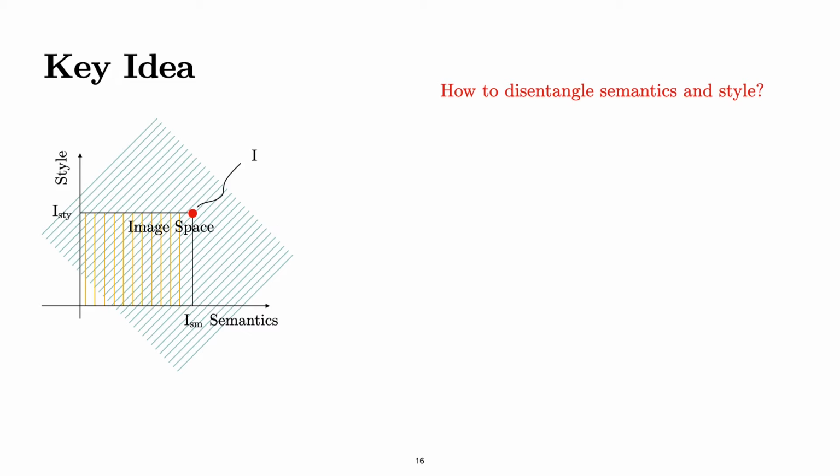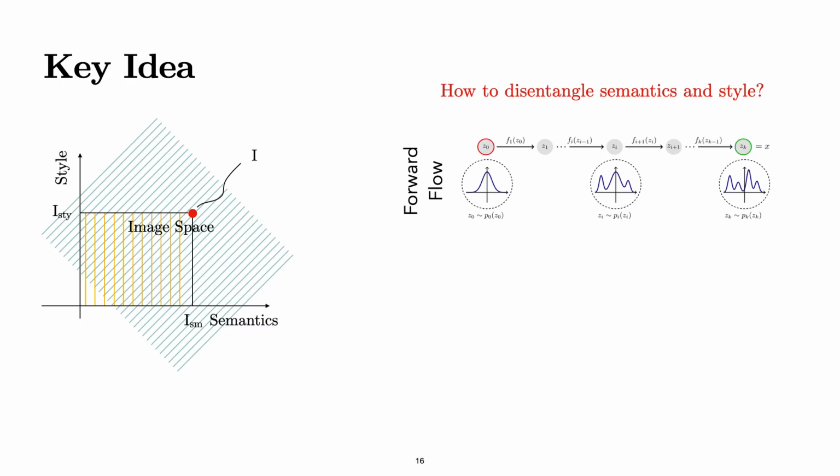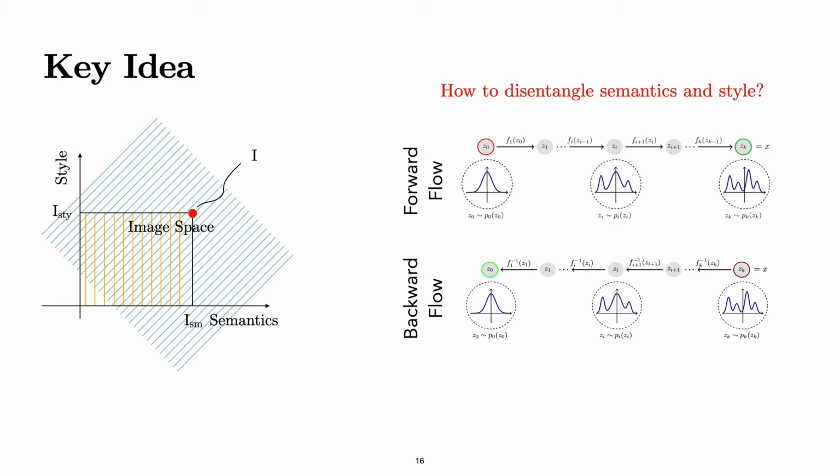Now that we know that disentanglement is needed, how do we actually disentangle the semantics and style? For this, we use a conditional normalizing flow model. A normalizing flow model converts a simple known distribution on the left into a complex one using a series of transformation functions f using the change of variables formula. This is called the forward flow. The backward flow uses the inverse of the transformation function f for converting the complex distribution on the right to a simple one.